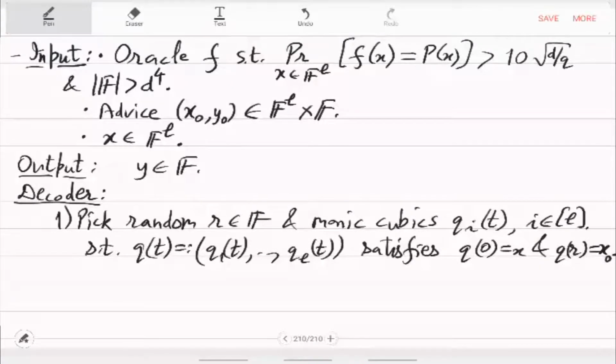So it's a random cubic as we said before, passing through x and x0 basically.